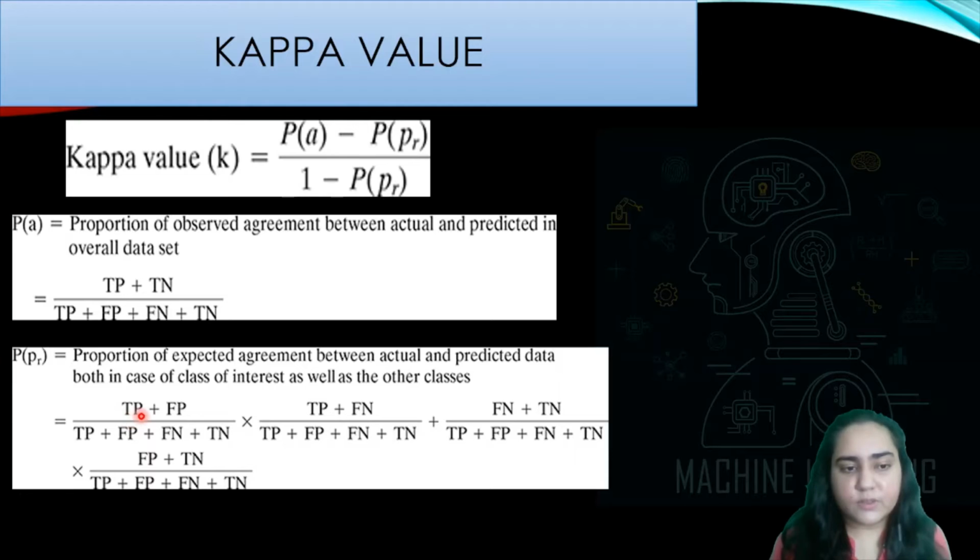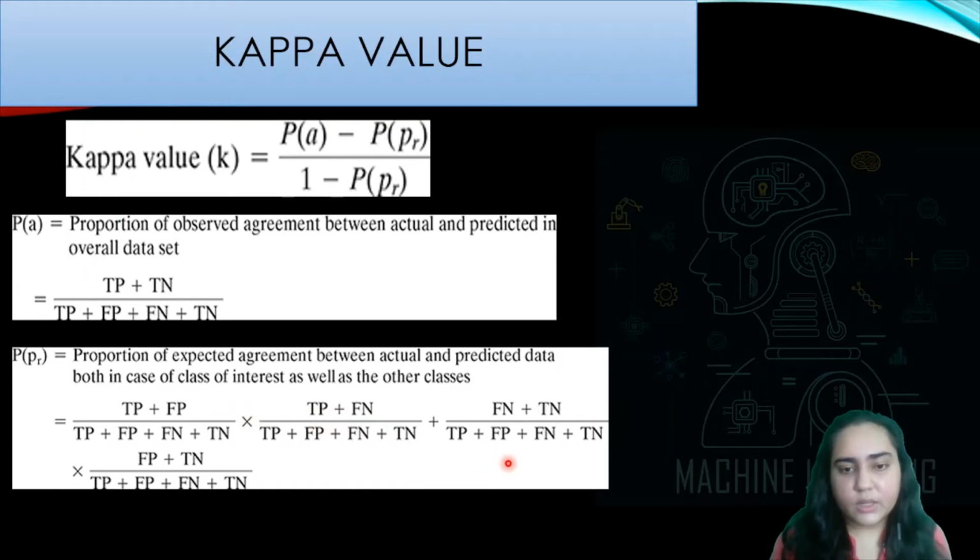You have true positive plus false positive. Okay, and then you're also taking true positive and false negative. You're taking false negative and true negative, and false positive plus true negative. So notice here that there is a multiplication. We have added true positive and false positive, and true positive and false negative, and multiplied those two.